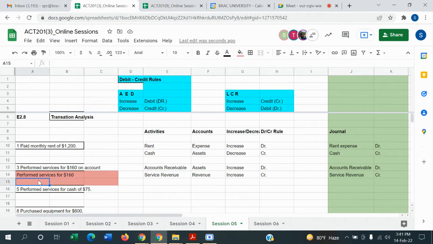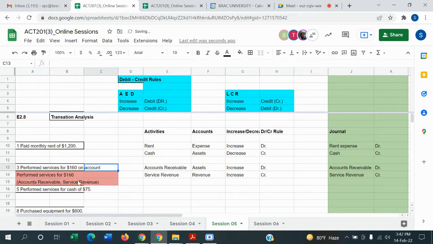Okay, have you got it? So in that case, yes, exactly, accounts receivable and service revenue as well. That means the same thing. If they mention perform service of 160, it is the same thing as perform services of 160 on account.